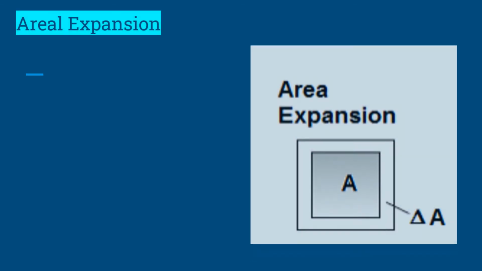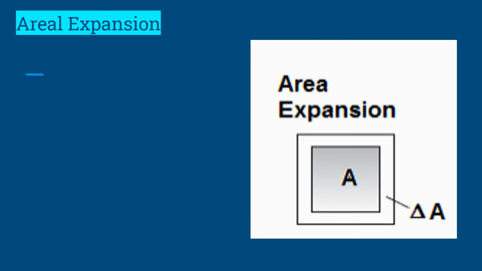Apart from linear expansion, there is another type of expansion, which is areal expansion. Let's look at a sheet of some metal or a solid substance, and when you heat it up, you can see that it expands in all directions. So the total area of the sheet increases. This is called areal expansion.